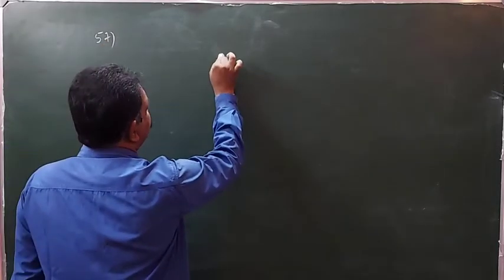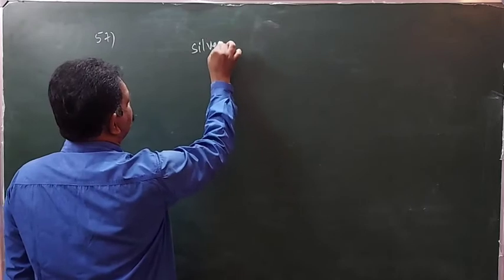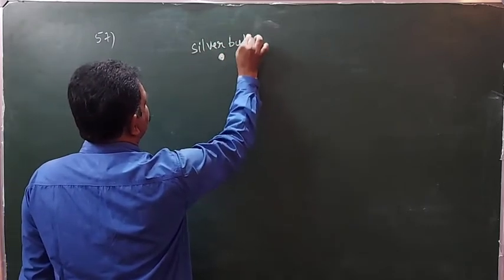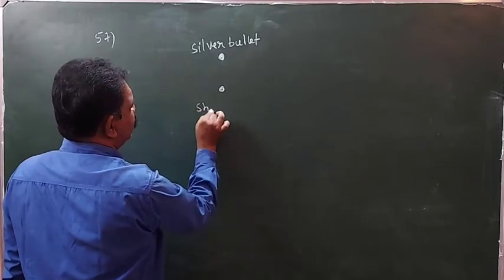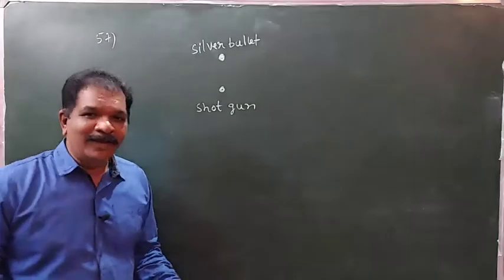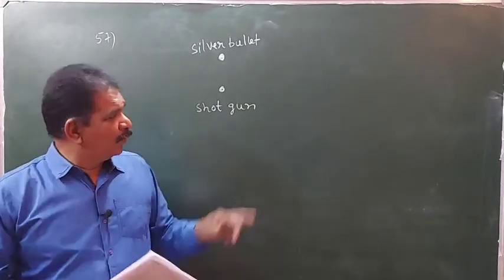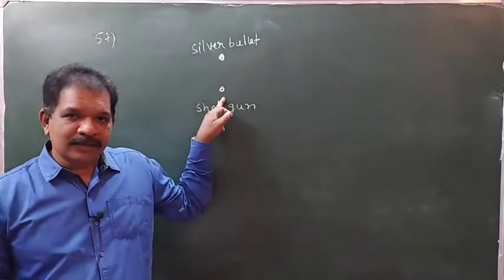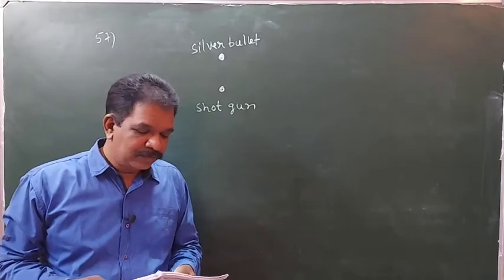One horse's name is Silver Bullet. Another horse's name is Shotgun. Both started from rest, which means the initial velocity is 0.